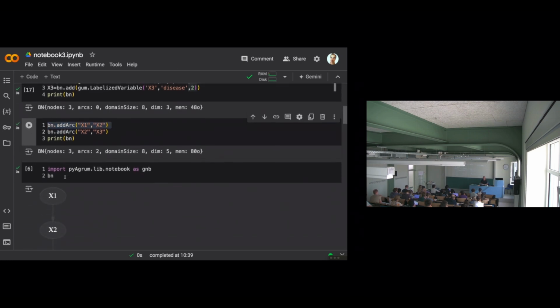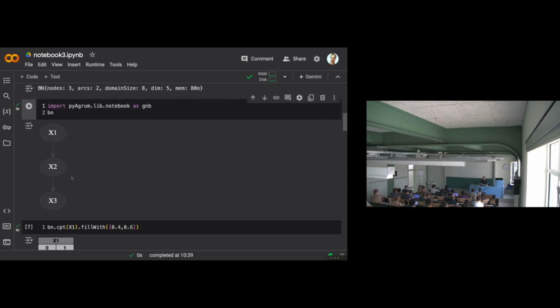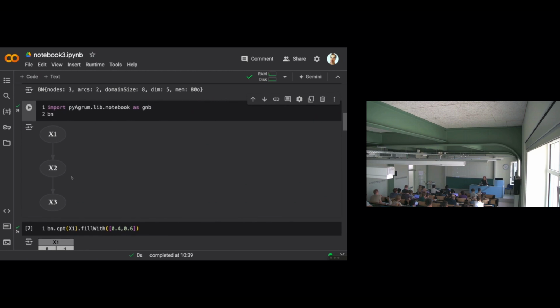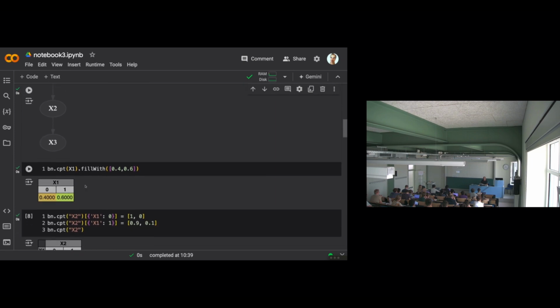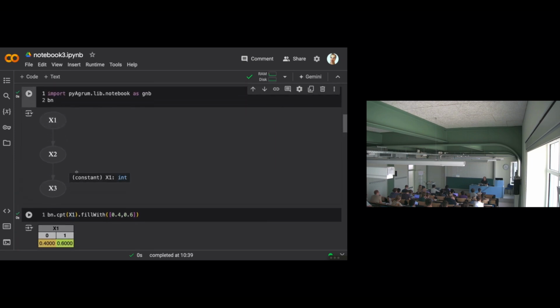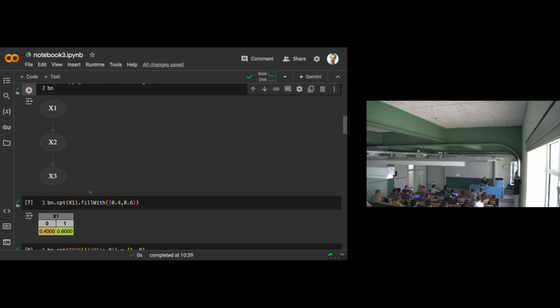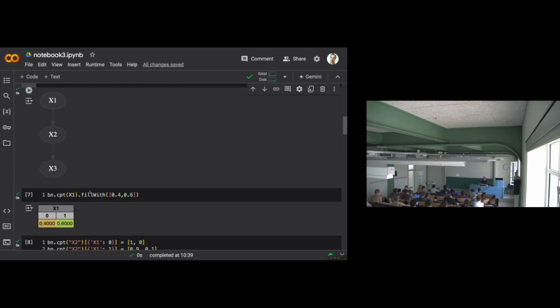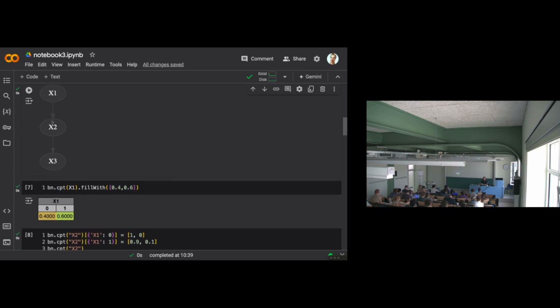I think PyAgrum is very good for visualization. They have a very good visualization setup. And this is the qualitative part: the graph and the variables. Now, let's be quantitative, and let me define what I call the conditional probability table. For x1, I don't have parents, so this is x1 given nothing.